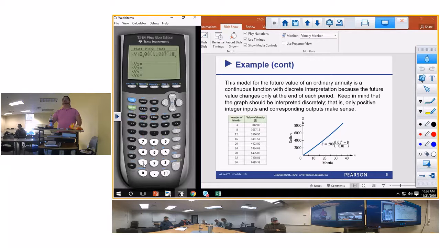Close parentheses, divided by 0.01, close parentheses, close parentheses. Wait a minute, there's supposed to be a parenthesis. Oh, damn Russians. Insert parenthesis. I think I might as well just quit. That's one of the things about using a keyboard with the calculator, you can't use the keyboard with the calculator.